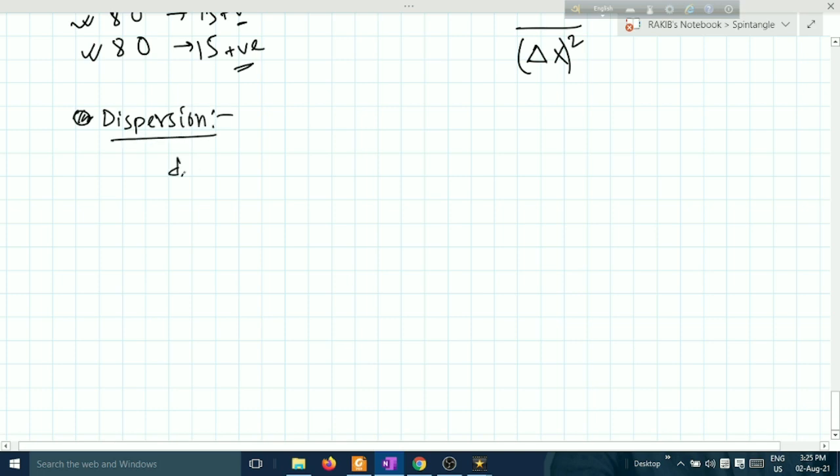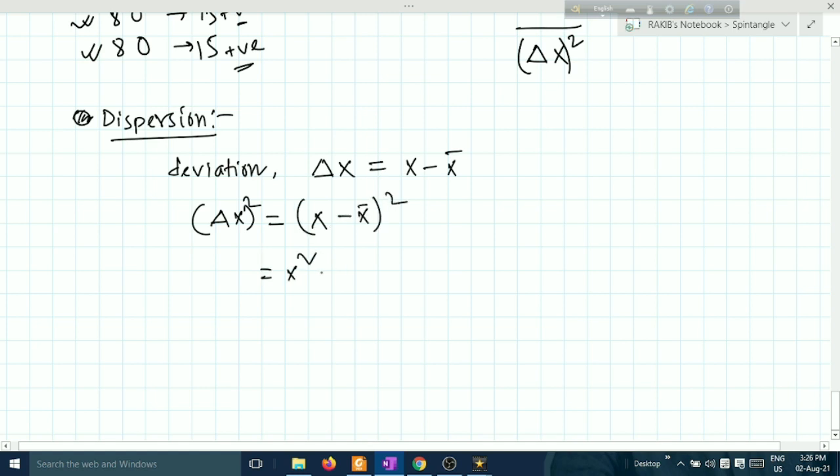Starting from deviation, we have deviation like this: delta x equals x minus x bar. That means delta x squared will be x minus x bar whole squared.